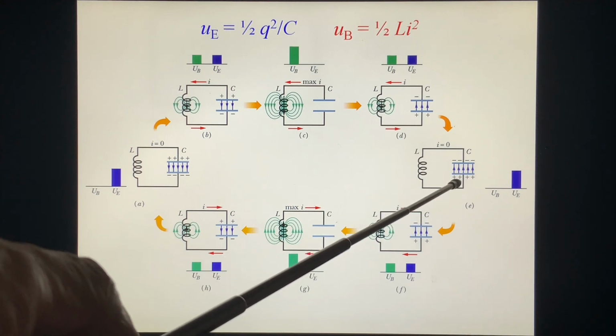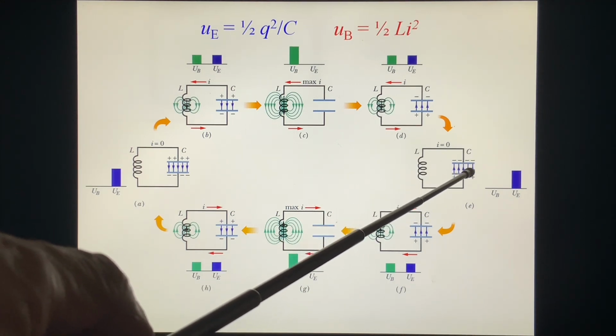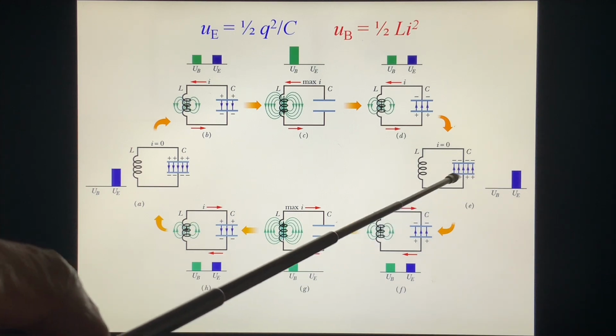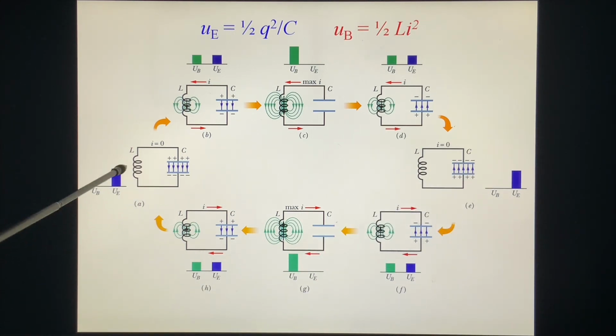And this is the maximum, with the whole energy stored in the capacitor. We go back to the earlier situation; the difference is that the charge has now moved to the bottom. And we have the same process up, going back to this one. This is the oscillation cycle.